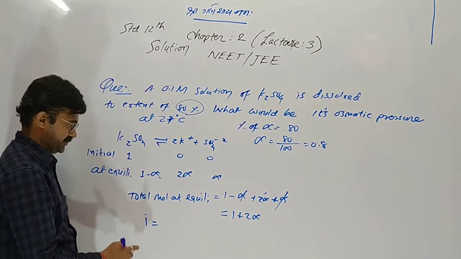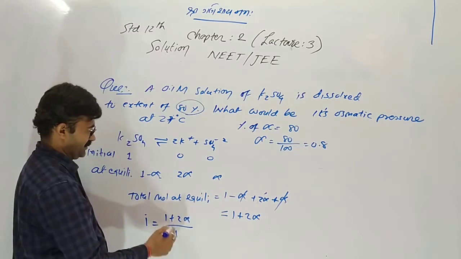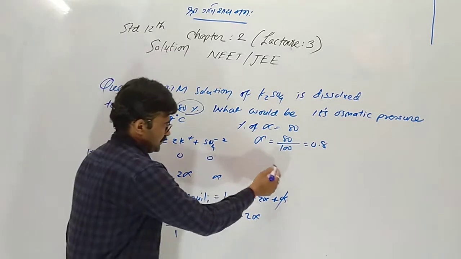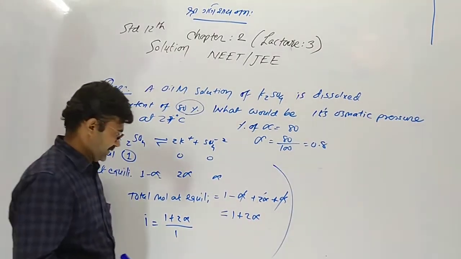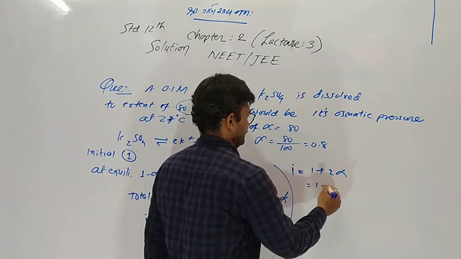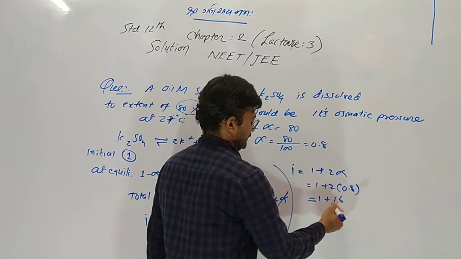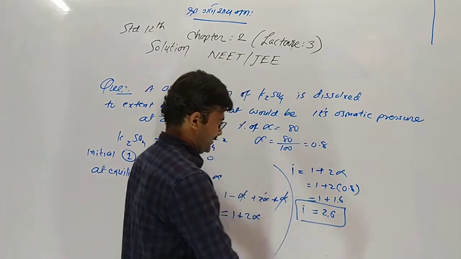So i equals total mole at equilibrium upon initial mole. Initial is 1. So i is equal to 1 plus 2 alpha. Alpha is 0.8, so 1.6. So i is 2.6.